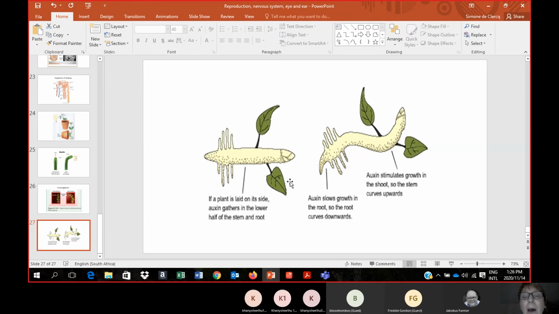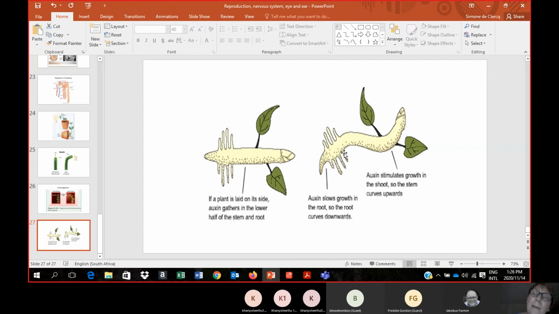But now have a look how the auxin has a different effect in the stem than in the root. I'm talking about high levels of auxin, and this is illustrating geotropism. In the stem, the high concentrations of auxin are going to stimulate cell elongation over here, so these cells elongate more rapidly than those, and the tip of the stem is going to grow away from gravity. So it's negatively geotropic.